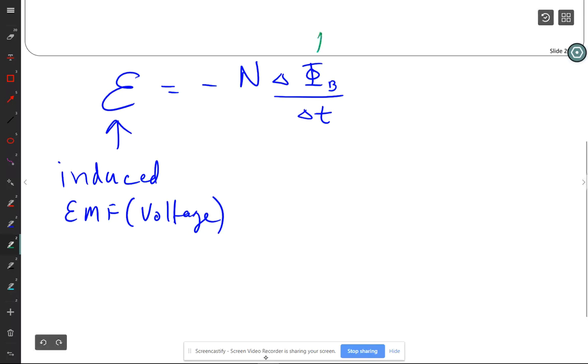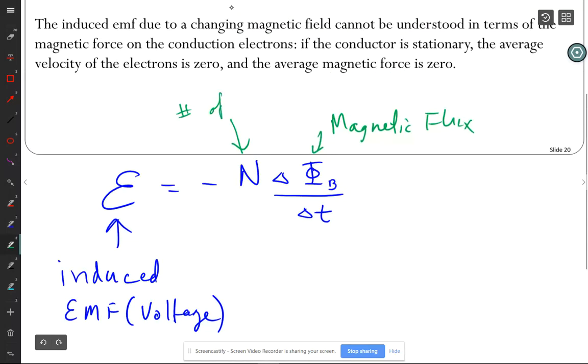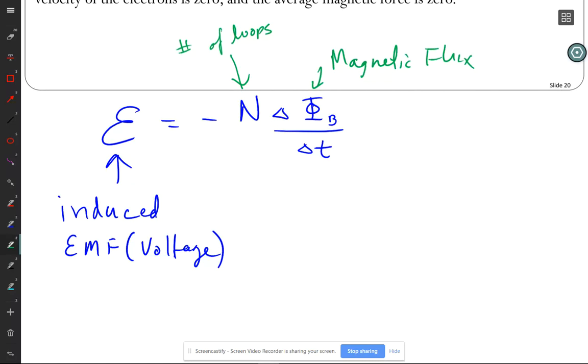So this here is what we call the magnetic flux. This here is not something surprising: the number of loops. So this is saying if I have loops with magnetic flux, which I haven't defined yet, that is changing with time, then it's going to produce a voltage.